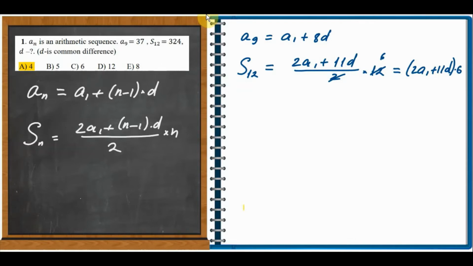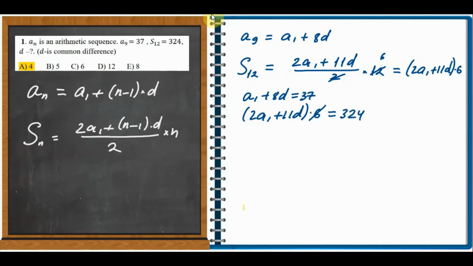Now, what we need to do is just substitute the values of A9 and S12 into the expression. Here, we will get A1 plus 8d equals 37, and 2A1 plus 11d multiplied by 6 equals 324.